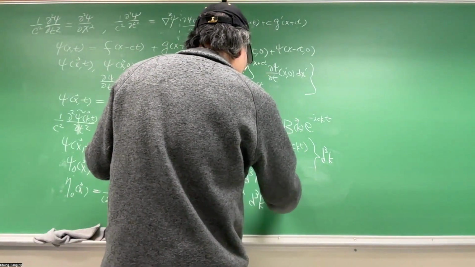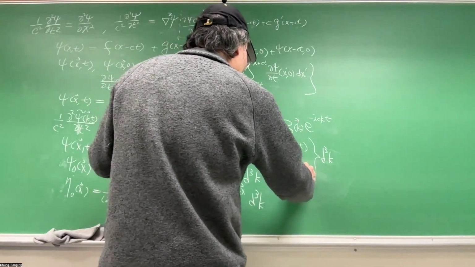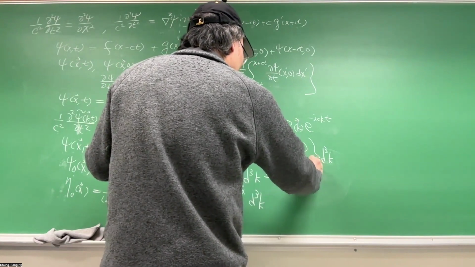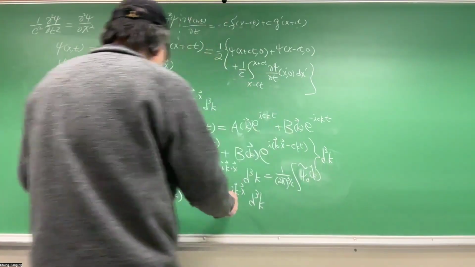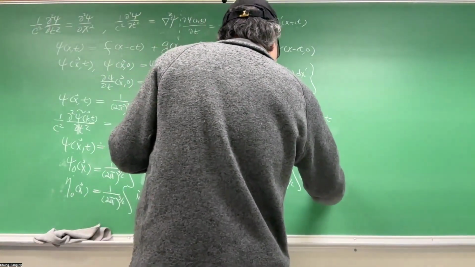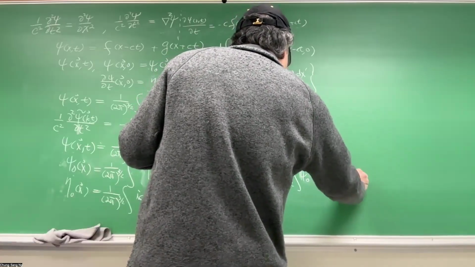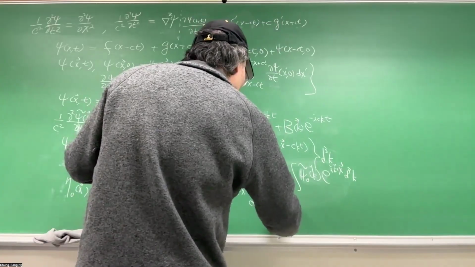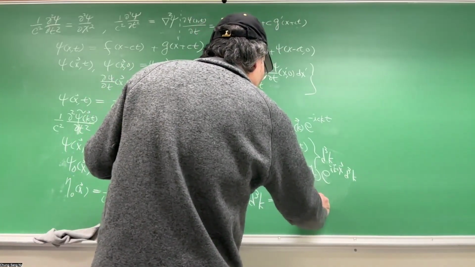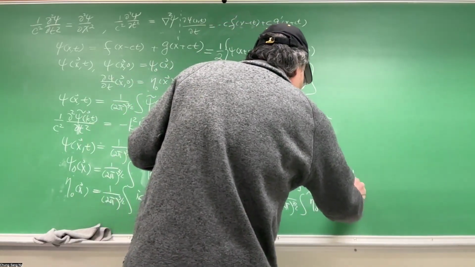This equals psi 0 tilde, that depends on k, and then e to the ikx. Okay, and this is eta sub 0, e to the ik dot x.